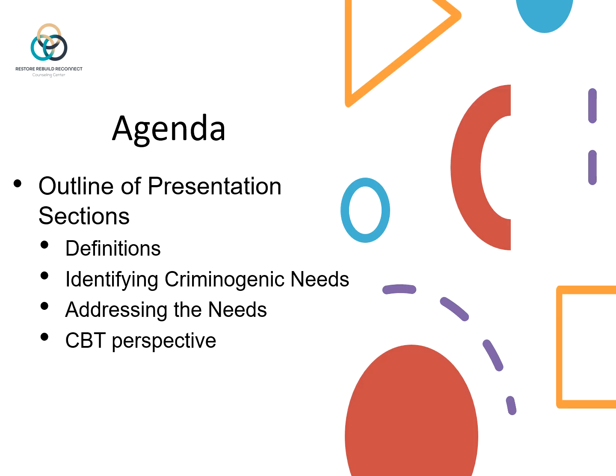And I will be looking at this mainly through a cognitive behavioral perspective. I think it aligns very well with working with this population. And we'll go more into that as we continue on.